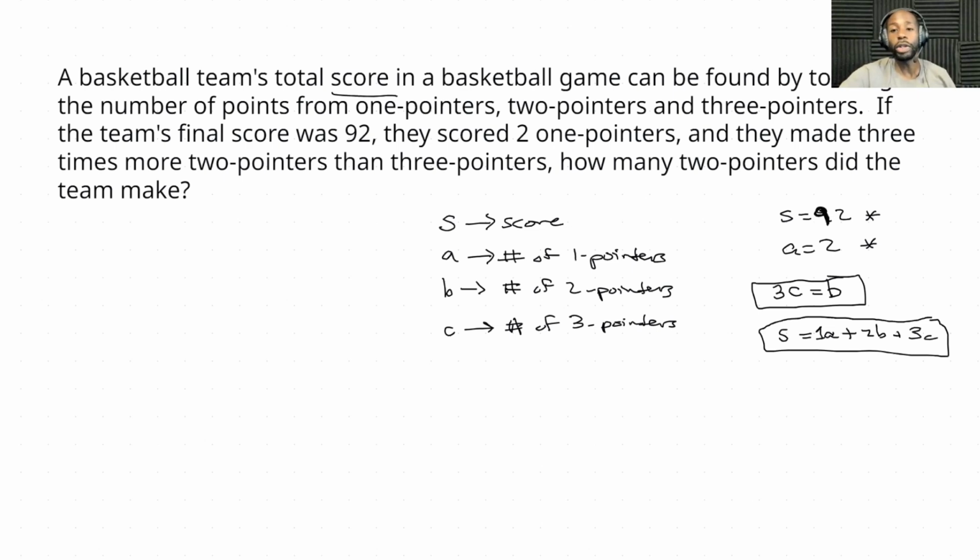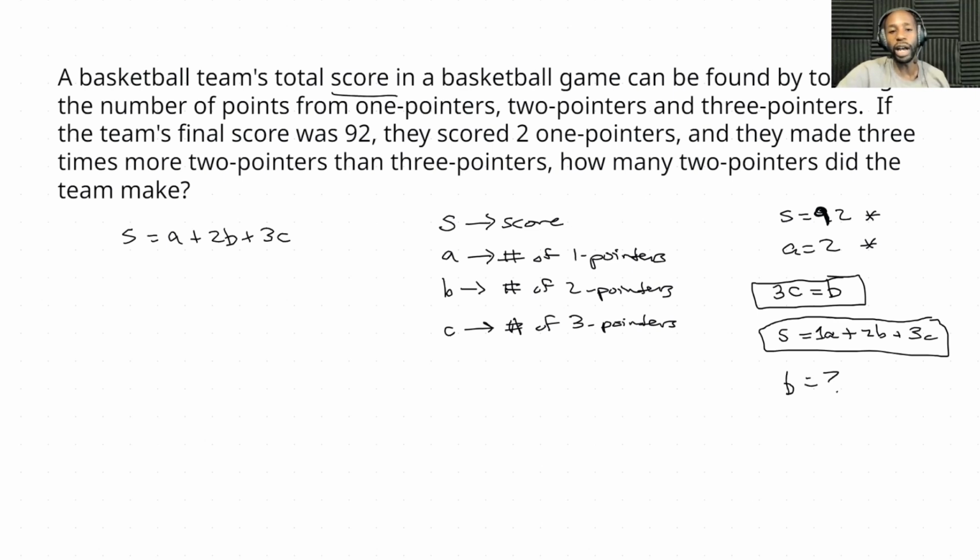So now, what are we trying to find? We want to know how many 2-pointers were made. So let's write this over here. S equals A. I'm just going to write A instead of 1A, plus 2B plus 3C. Now, I'm going to take B is equal to 3C, or 3C is equal to B. I'm going to put in B for this.